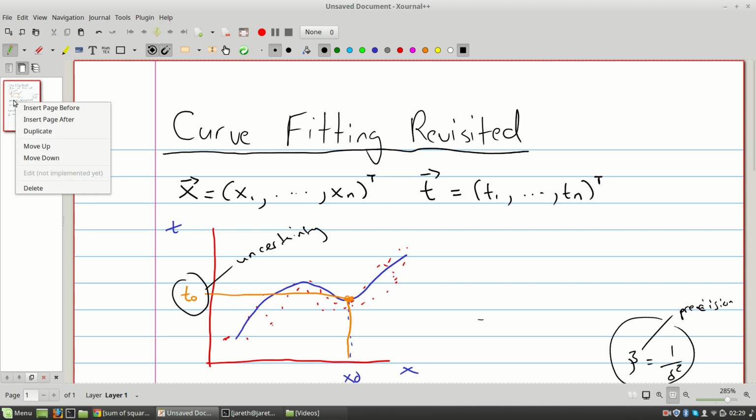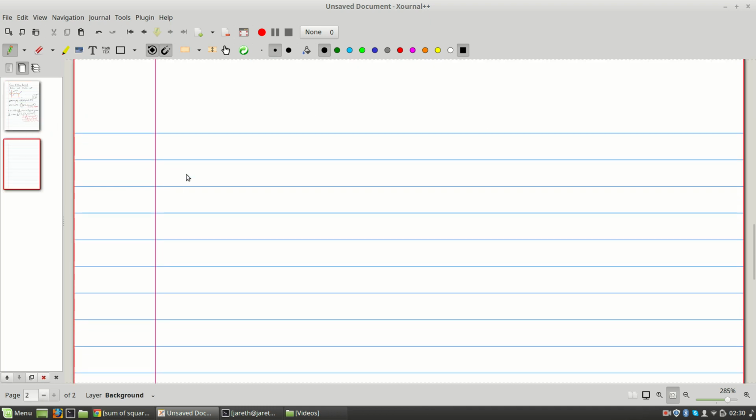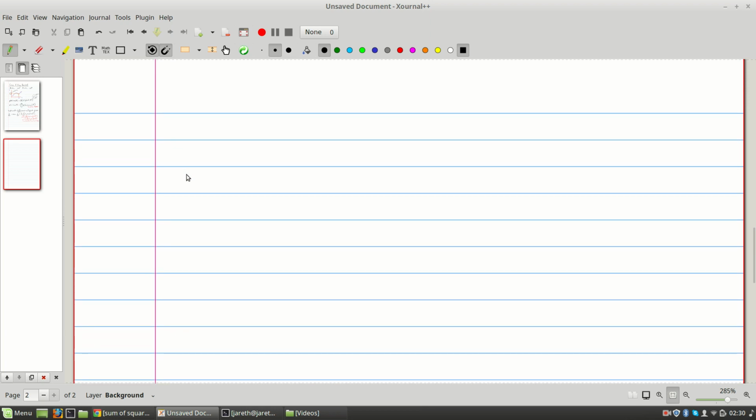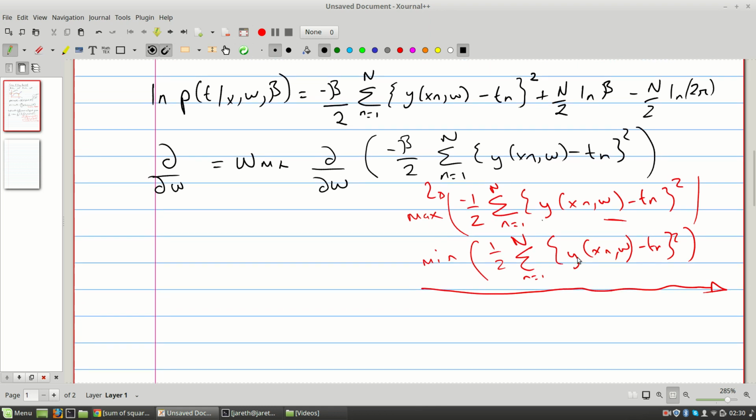Let me go on to a new page. Another thing that we can do: we have found the derivative here, when we're doing the maximum likelihood estimation, when we take the derivative of this term with respect to w, then we end up with this equation we see here, which is essentially expressing our error computation.